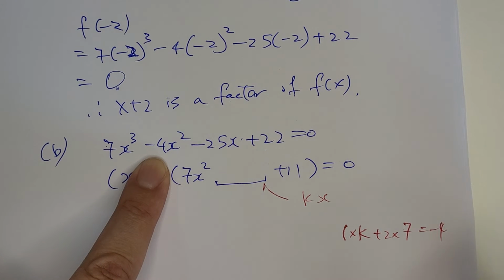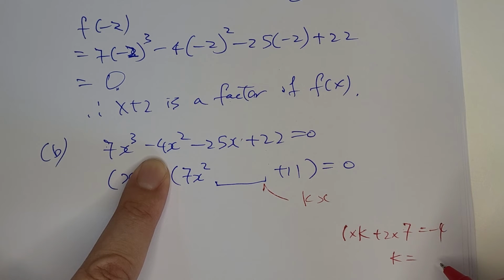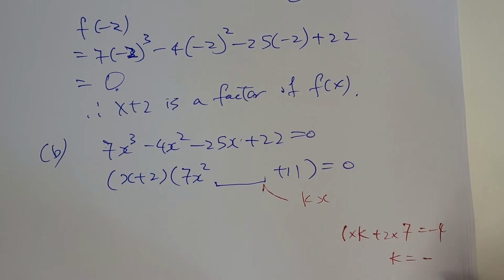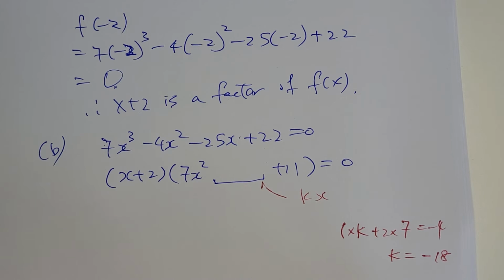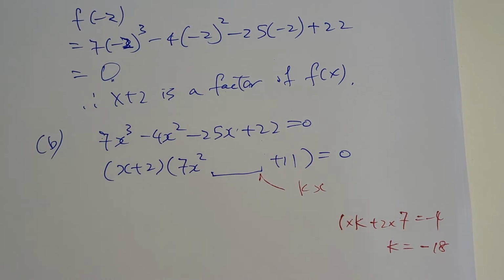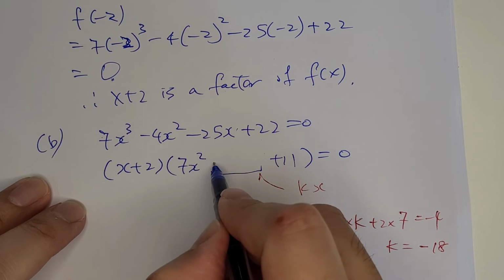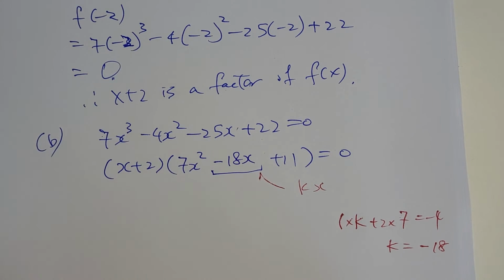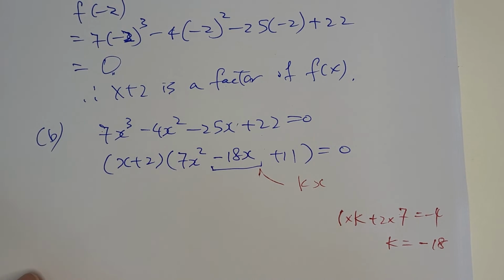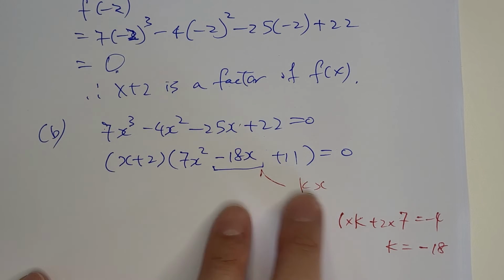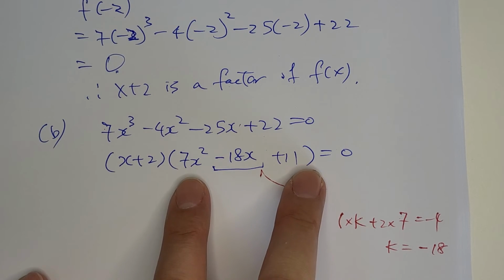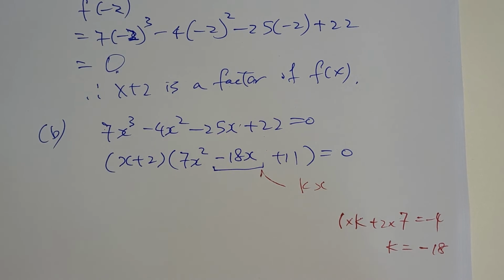Therefore, you can solve k. Actually, that is negative 18. And hence, you can find out that it is negative 18x. In the exam, no one will care how you find this one. If you can correctly write down this quotient, you can get marks.